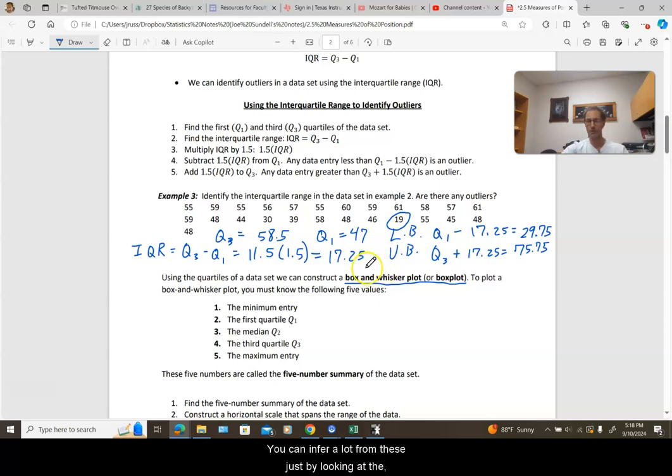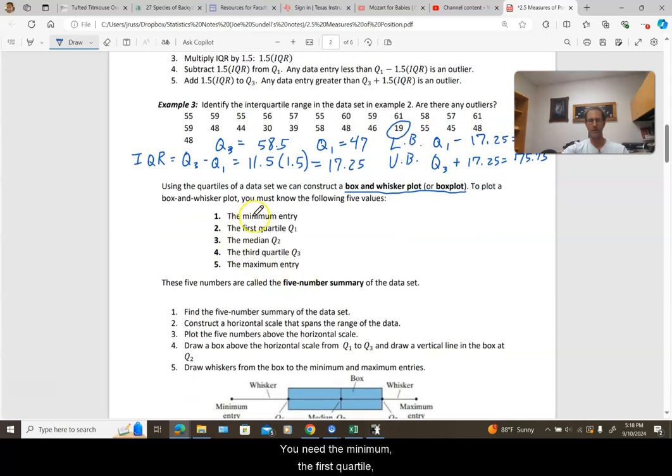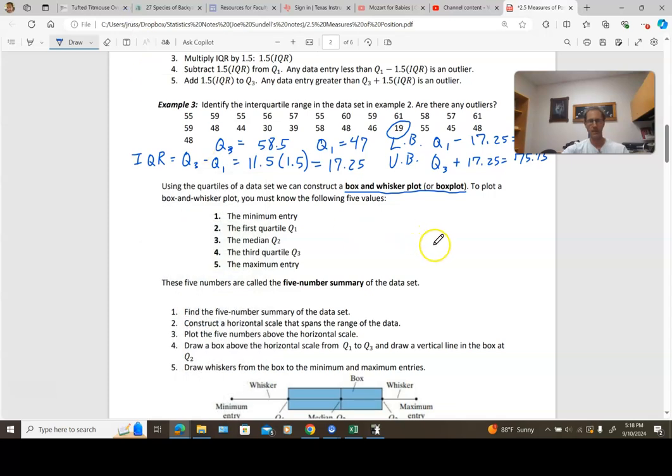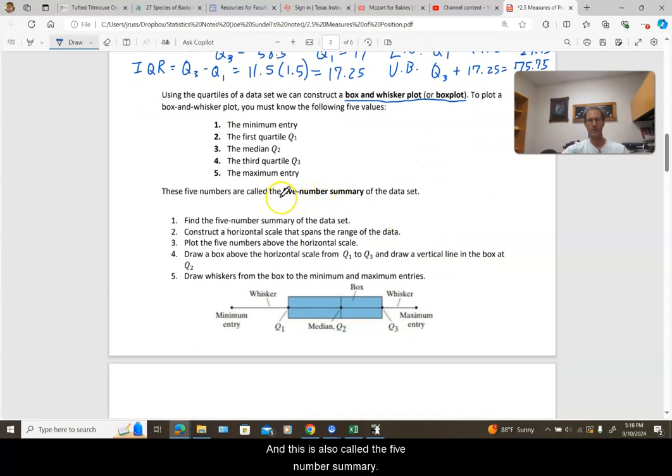You can infer a lot from these just by looking at the box and whisker plot. In order to make one of these, you need 5 values: the minimum, the first quartile, the median or the second quartile, the third quartile, and the max. Well, that's all given to us in the calculator, isn't it? These 5 values right here, that's all we need. And this is also called the 5-number summary, by the way.